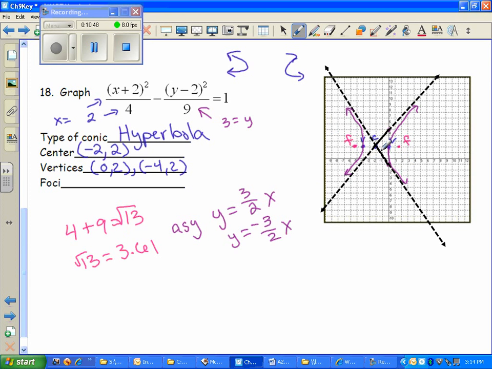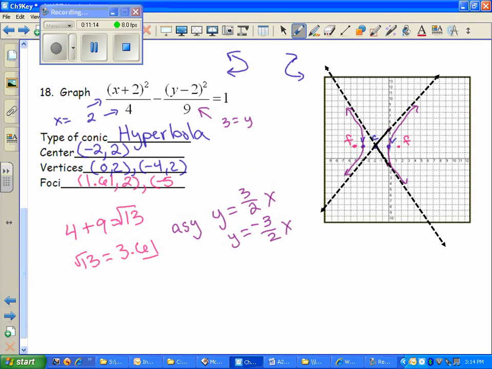And then to figure out the point, you can look here. I'm at 1, and then you need to add the 0.61. 1.61. And my y value, same as the center, is at 2. And then for the other one, you can either look at your grid and tell that you're at -5 and then beyond that by 0.61.